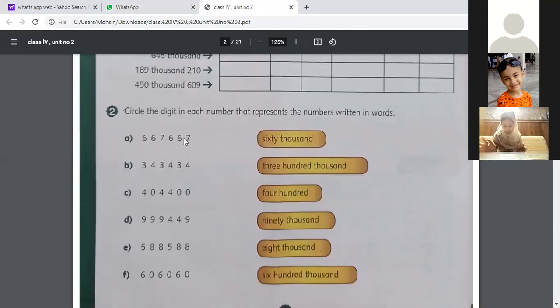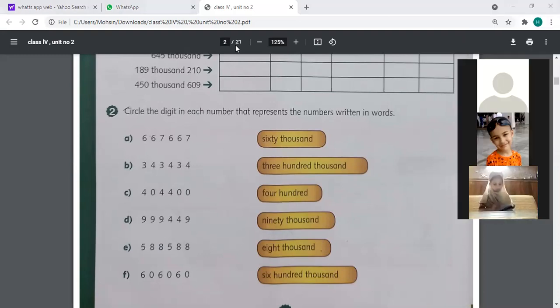So we know the first one is unit, 10, 100, then 1,000, then 10,000, and then 100,000. They are saying circle the place value of 60,000. I'm going to do this one on the board.